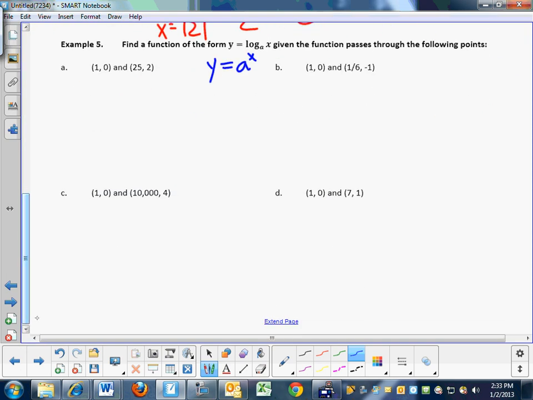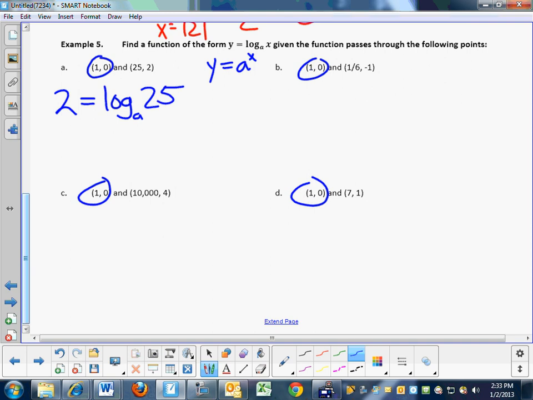As you can see here, they pass through 1, 0. Passes through 25, 2. So my y value is 2. And my x value is 25. So what number do I take to the second power to get 25? 5.